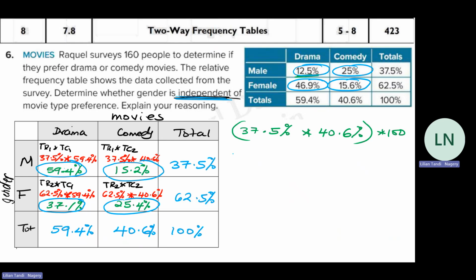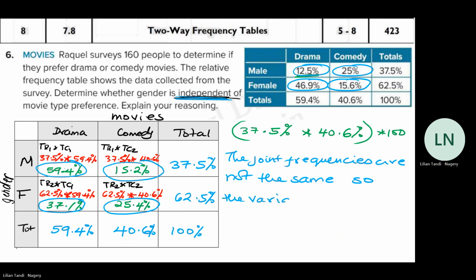So then you will write the joint frequencies are not the same, so the variables are not independent. Okay? All right, we move on.